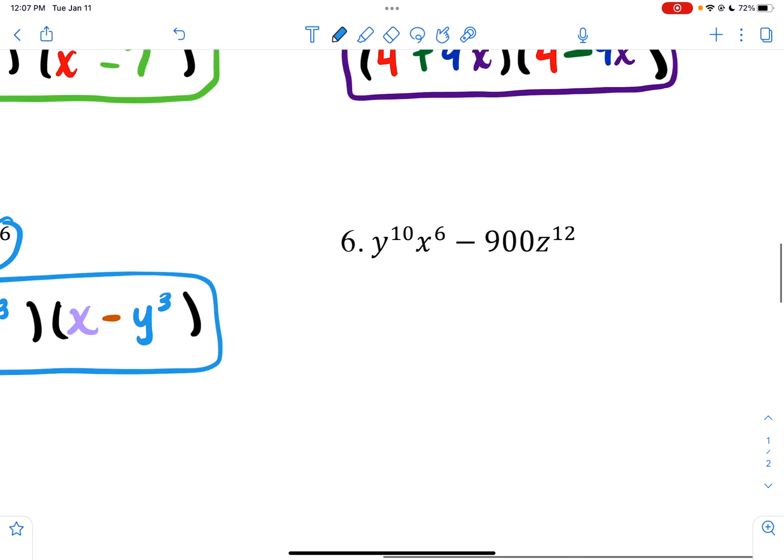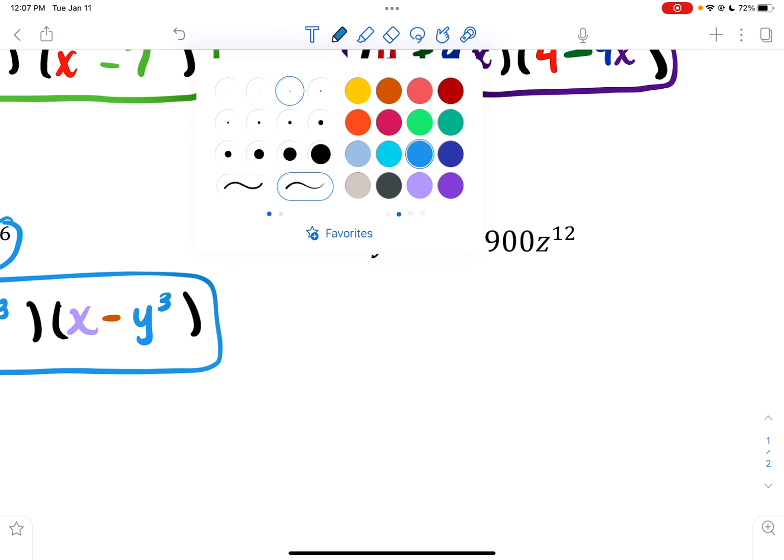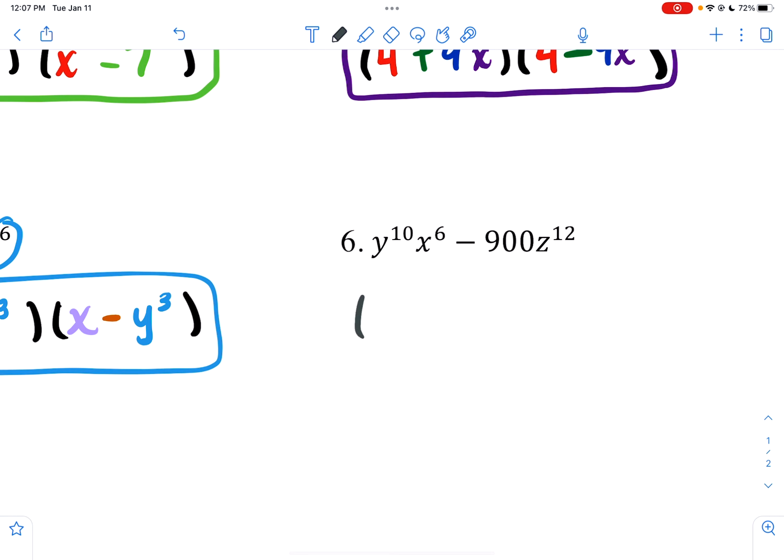Try to do number 6 all by yourself. So I do my double bubble. y to the 10th, I divide by 2, I get y to the 5th. x to the 6th, divide by 2, I get x to the 3rd.